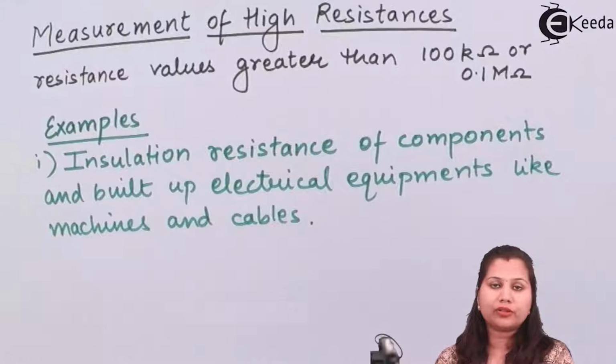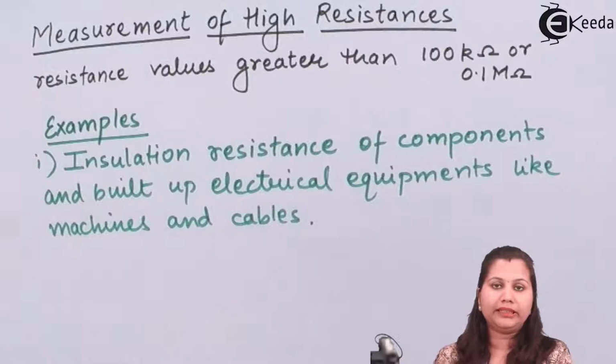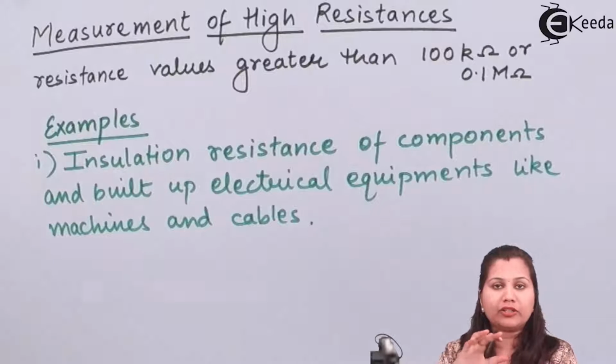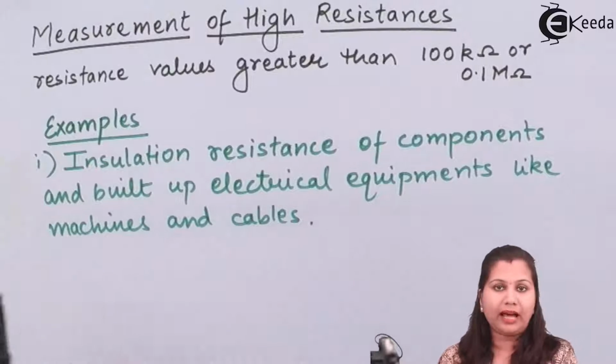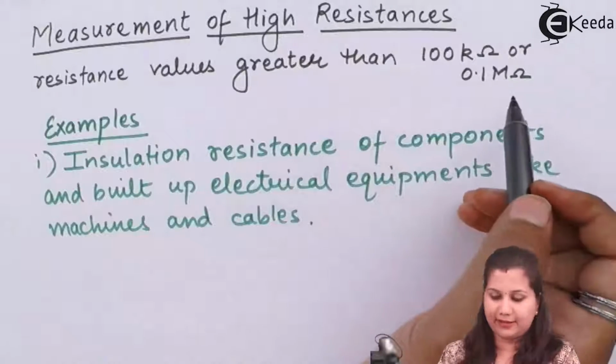The various electrical equipments are coated with an insulating material so that no current flows in them, or no damage is done to the equipment. To protect those instruments, we have an insulation coating over them, and that insulation coating will have some resistance. This resistance is of very high value, so that comes under the category of high resistances.